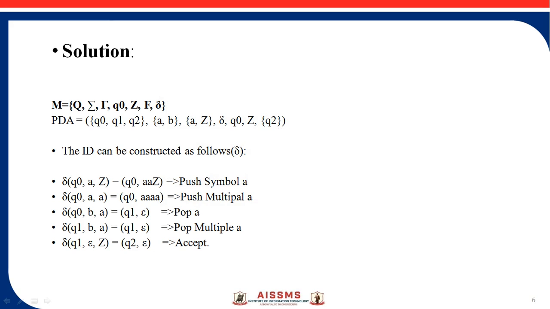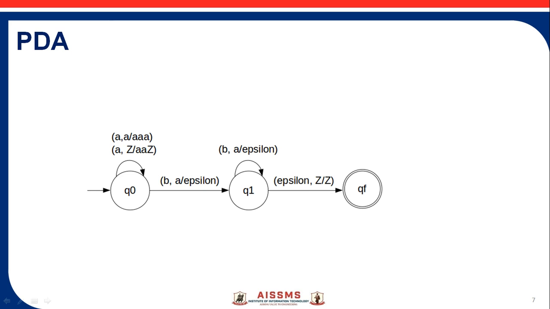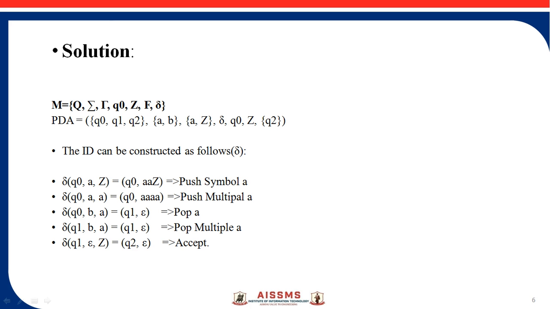It is structured in the delta, that is the transition function. First of all we see δ(q0, a, Z) = (q0, ...). Here q0 means the current state, a means the input symbol, Z means the top of the stack, and q0 means the next state, and when the input a arrives, then the stack will push the symbols into the stack.